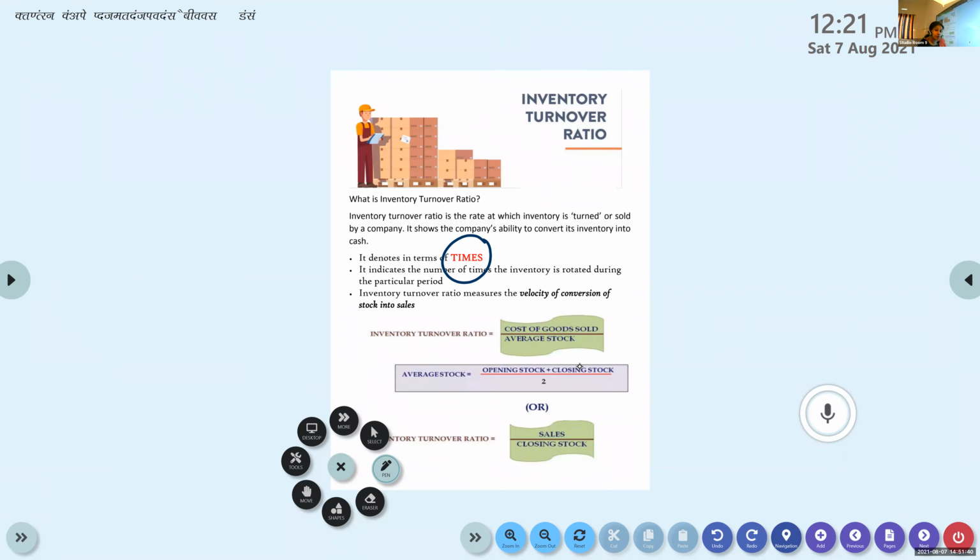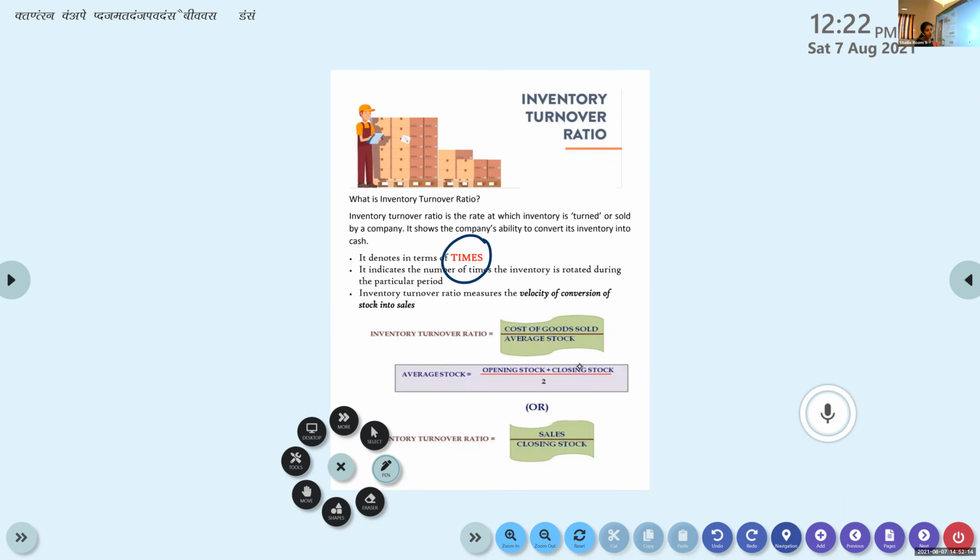If suppose in the question you find only closing stock, note it down. Suppose only closing stock is given, then what is the average stock? It is the closing stock itself.